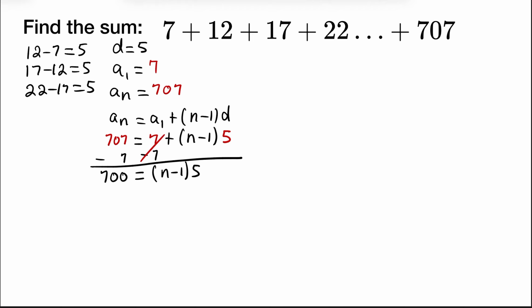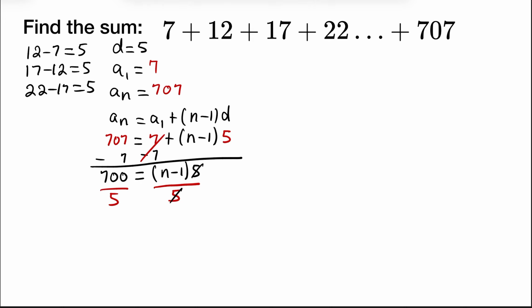Okay, so now, of course, we're solving for n. We're multiplying by 5 on the right, so we can go ahead and divide by 5 on both sides. And so we know that the 5s cancel out, and then we have n minus 1.